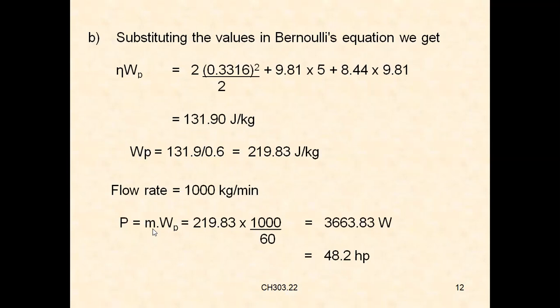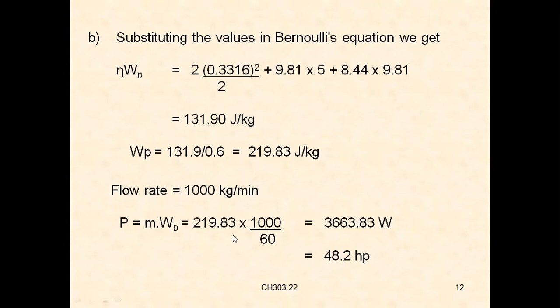WP we have calculated as 219.83, and m dot is the mass flow rate of molasses, that is 1000 kg per minute, 1000 by 60. The power required by the pump is 3663.83 watts, that is 3.663 kilowatts, or in HP, if we convert this value into HP, dividing by 746, we'll get 4.91 HP.